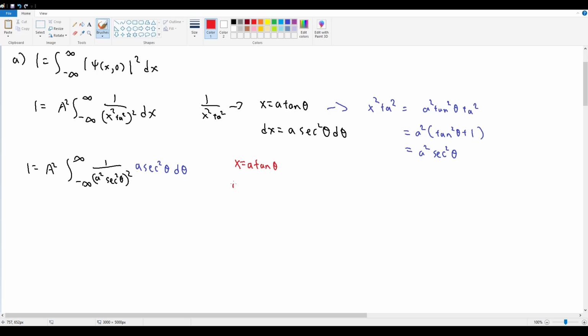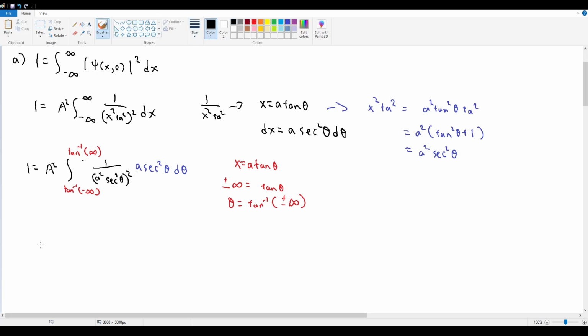So plus or minus infinity is equal to a tangent theta. Well, a is a constant, so you can just divide it over and it gets absorbed into the infinity, which implies that theta has to equal inverse tangent of plus or minus infinity for your integral bounds. So that's going to give you tangent inverse of negative infinity to tangent inverse of positive infinity. And that just evaluates to negative pi over 2 and positive pi over 2.